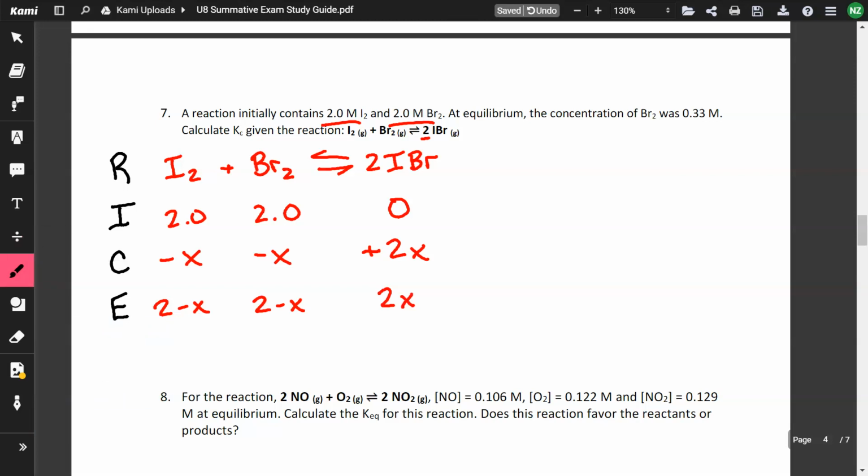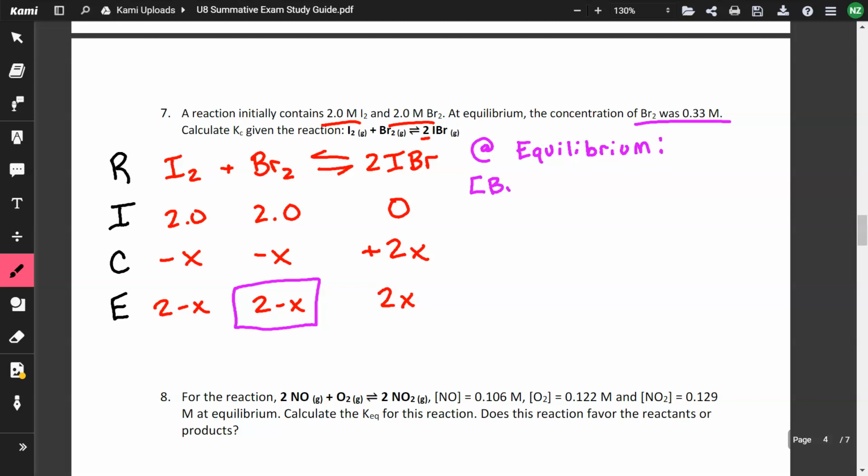In the question, it tells us Br2 at equilibrium has a concentration of 0.33. So at equilibrium, Br2 equals 0.33.